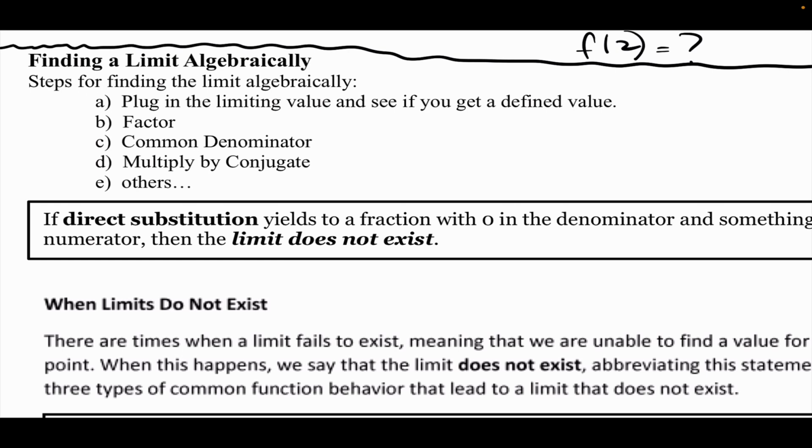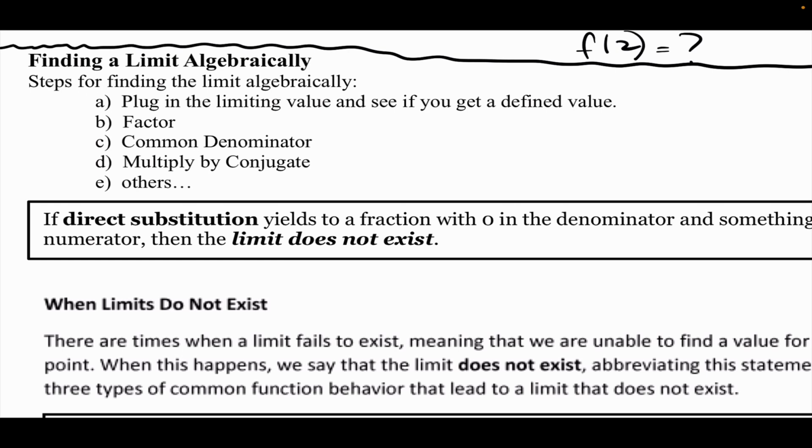So if you're doing analytically, if you're doing algebraically, the first thing is plug it in. If you get an answer, 1 second. The easiest way is to plug it in. Plug in a number. If you get an answer, move on. If you don't get an answer, you have some methods. Factor.